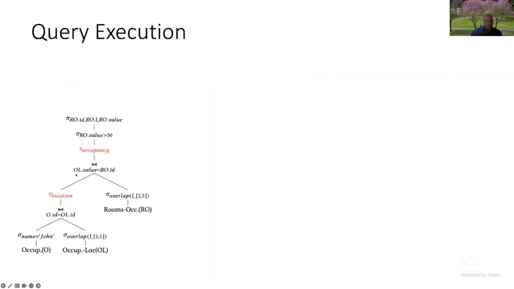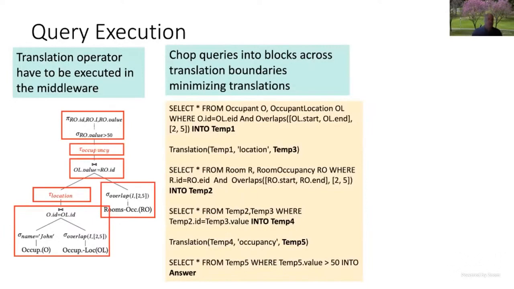Now that we have translation functions and given a query tree, one way to execute the query would be to blockify it and chop it into blocks across translation boundaries. Remember, the translation has to be done in the middleware, so we can execute the subqueries prior to the translation, materialize those results, then do the translation and continue the query processing.